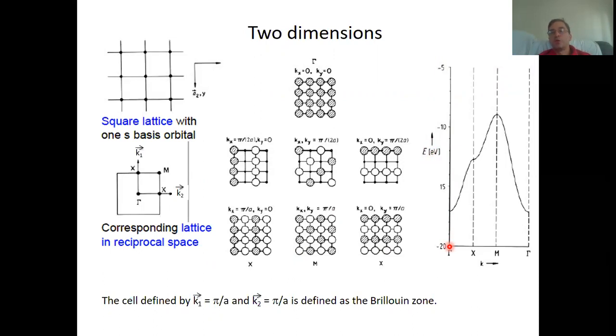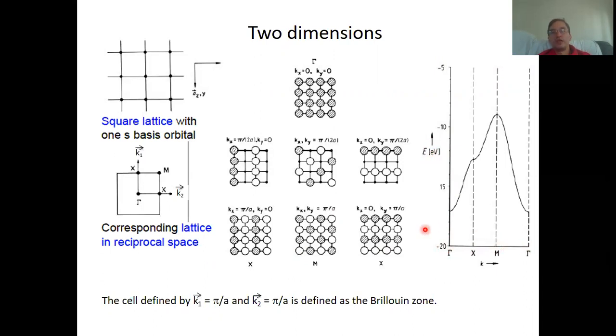On this axis, you can see that we will first go from point lambda to x, and then from x to m, and then finally we will go back from m to lambda.